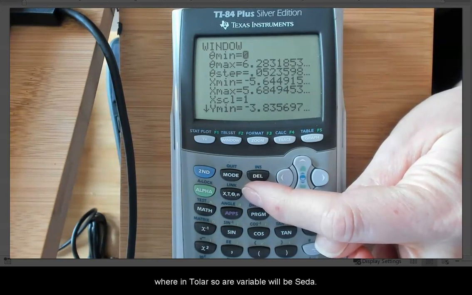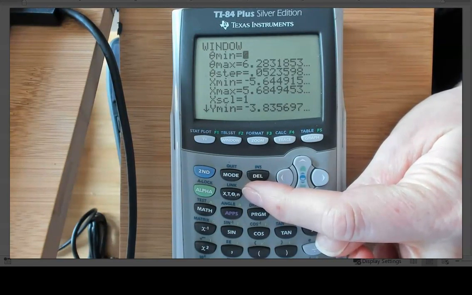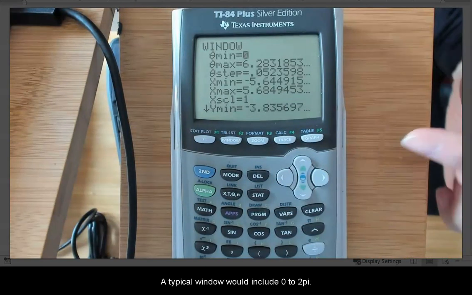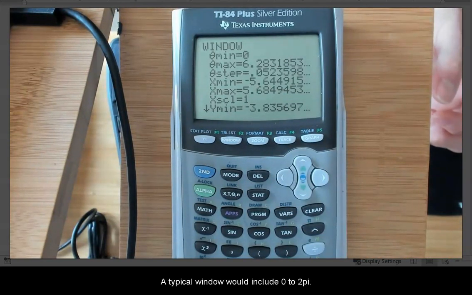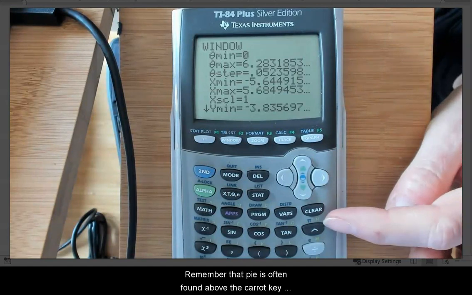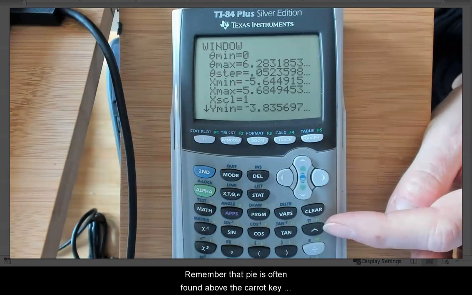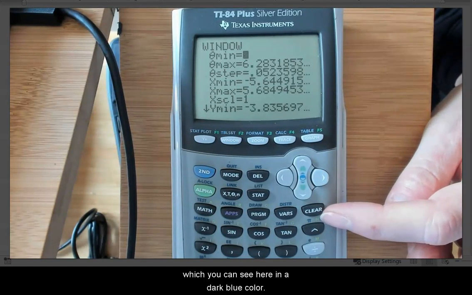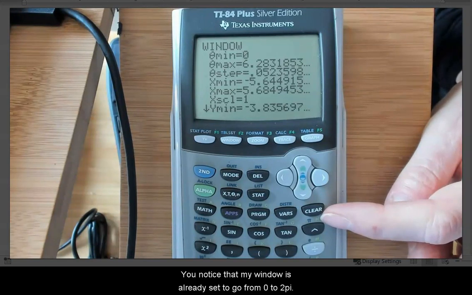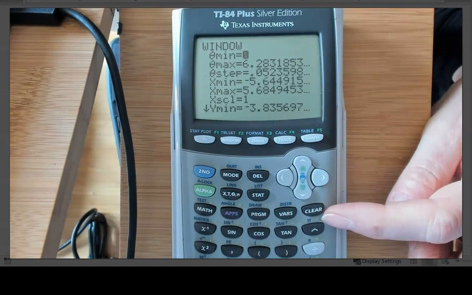We're in polar, so our variable will be theta. A typical window would include 0 to 2 pi. Remember that pi is often found above the caret key, which you can see here in a dark blue color. You'll notice that my window is already set to go from 0 to 2 pi.